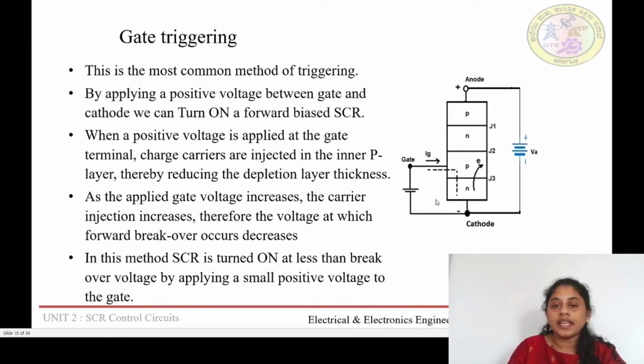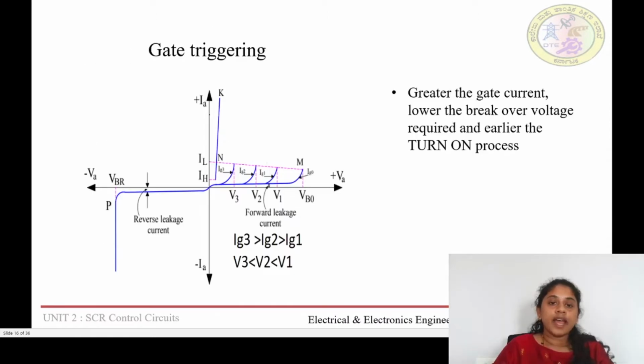In this method, the SCR is turned on at less than the breakover voltage by applying a small gate voltage. Now you can see the characteristics of the SCR. In the characteristics, we can observe that as the gate current keeps on increasing, the breakover voltage required will be very less.